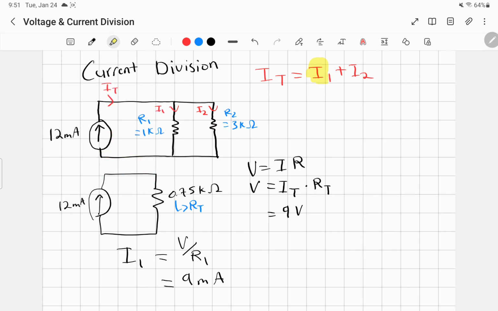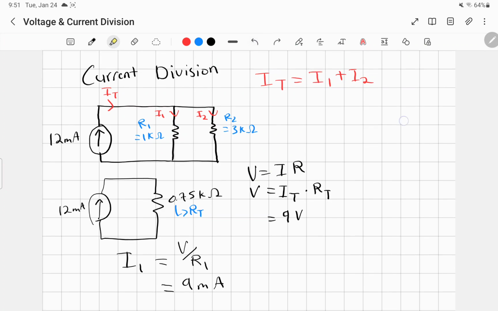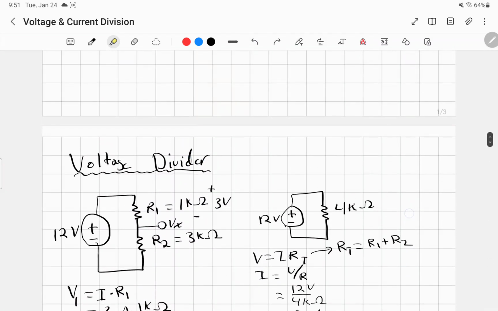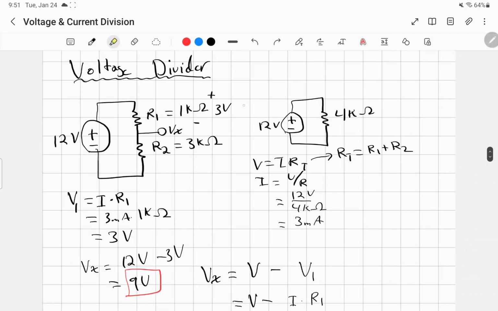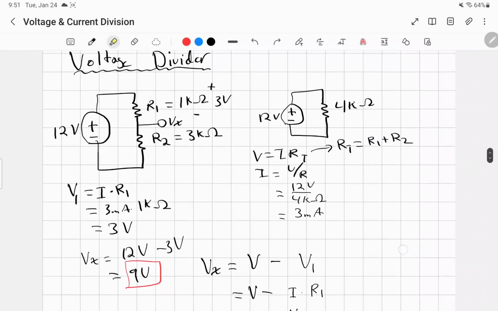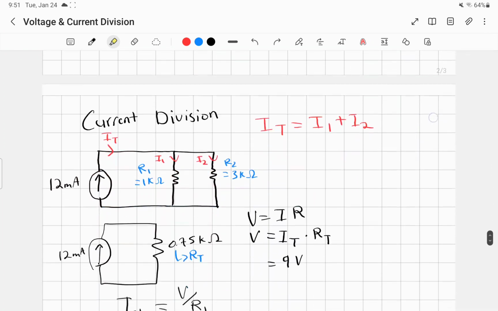And that's in contrast with the voltage dividing circuit. In the voltage dividing circuit, we had a smaller voltage drop over R1 than over R2. The smaller resistor led to a smaller voltage drop. The larger resistor had a larger voltage drop. In this case, it's the opposite.